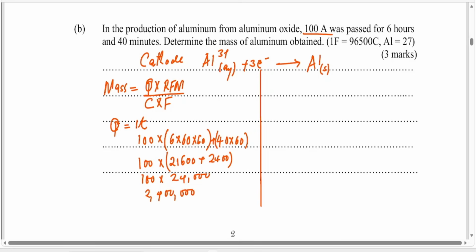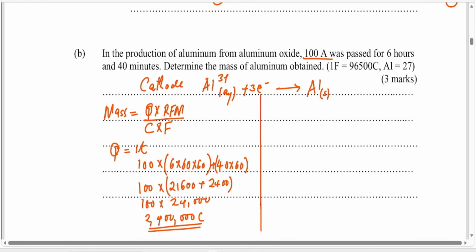And this is C, or coulombs. That is our Q. Now with our Q, I can just go and substitute it directly.